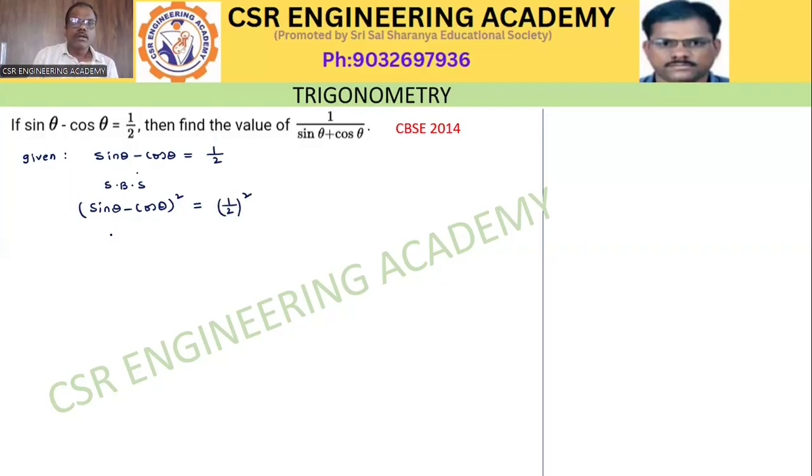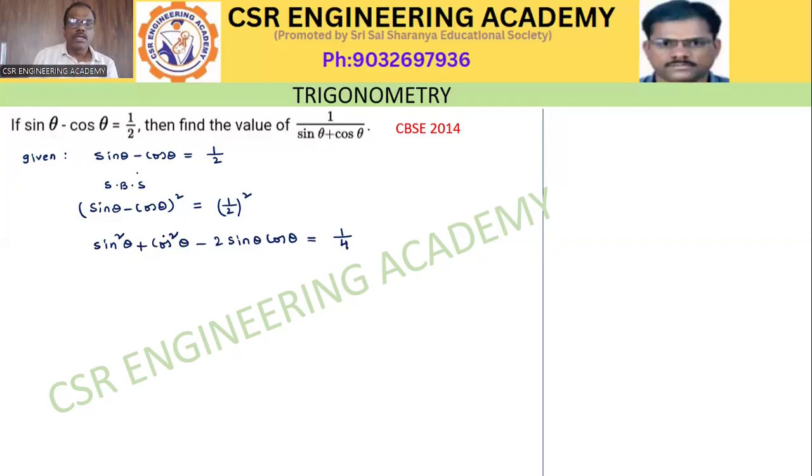(sin theta minus cos theta) whole square is equal to sin square theta plus cos square theta minus 2 sin theta cos theta, that is the (A minus B) whole square formula, is equal to 1 by 4. (1 by 2) whole square is equal to 1 by 4.